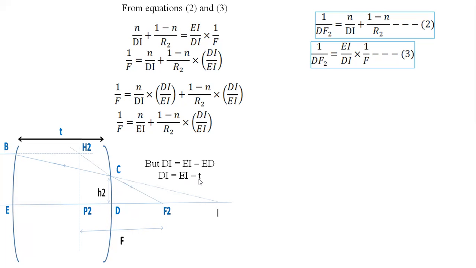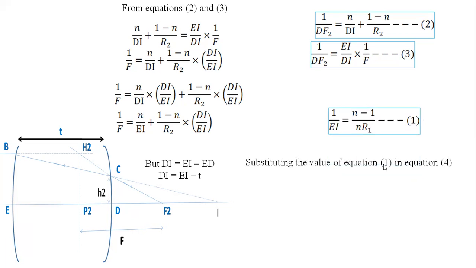Therefore, di is equal to ei minus t. Now substitute the value of equation 1, which we derived in our previous slide. Substitute the value of equation 1 and also the value of di, that is, substitute the value of di and the value of 1/ei from equation 1.